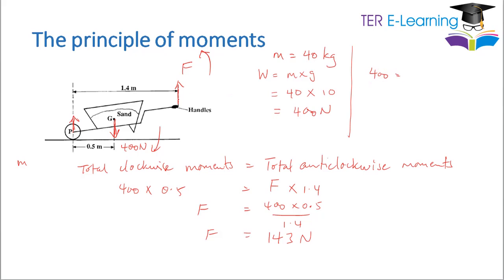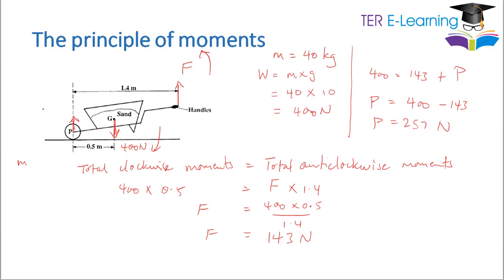Alright? My upward force will be F, which is 143, plus the upward force at P, which is, let's call that P. So therefore P is simply equal to 400 minus 143. Alright, so that is 400 minus 143, and that gives me 257 newtons.